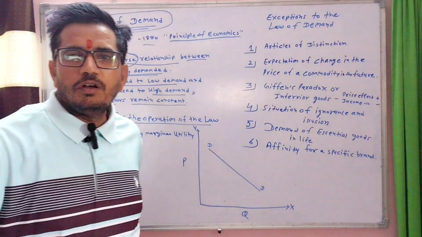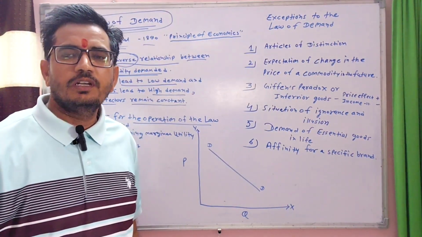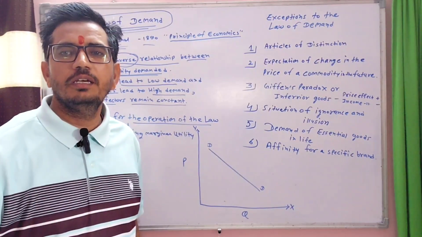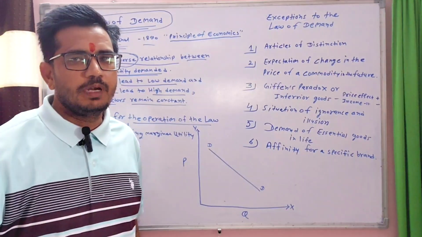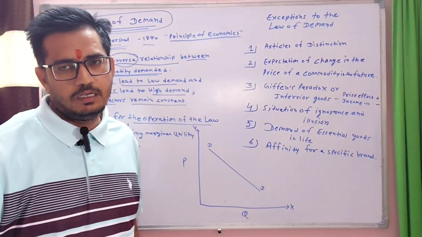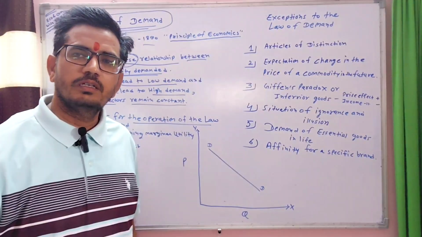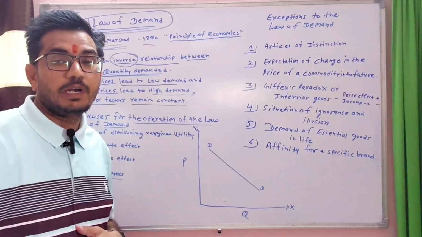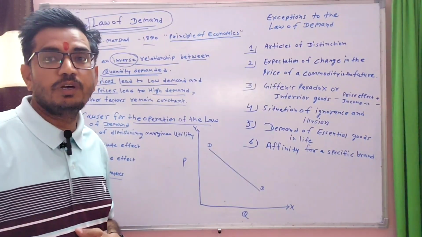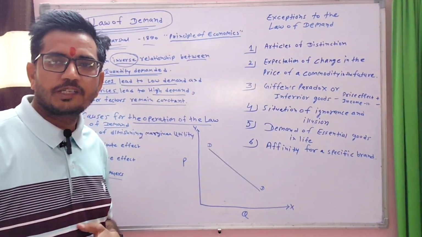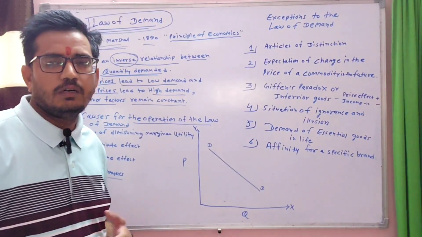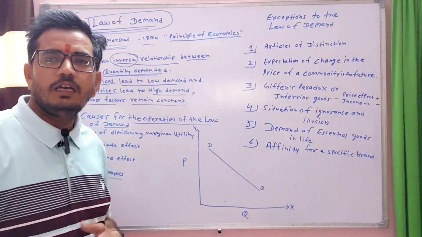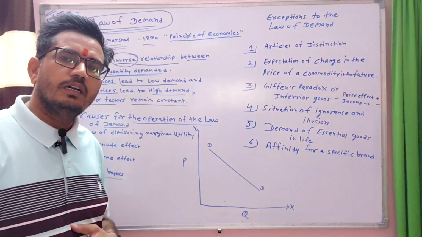We already discussed the demand function: Dx is a function of Px, Pr, Y, Te. Apart from price, there are other factors, and these other factors remain constant: prices of related goods, consumer income, future expectation of price for a commodity, and other things.